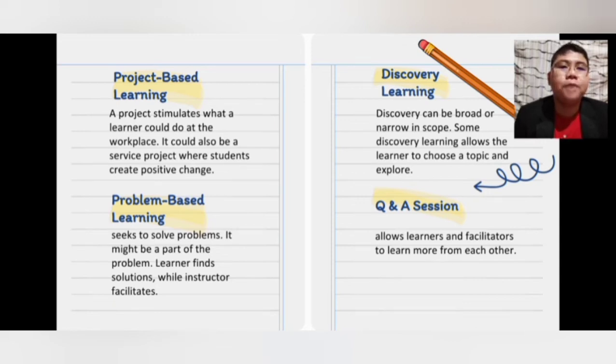For example, the teacher will introduce a problem about societal needs. He or she will task the students to create a solution for that specific problem. Then the students might create, for example, business plans to solve that problem about societal needs.